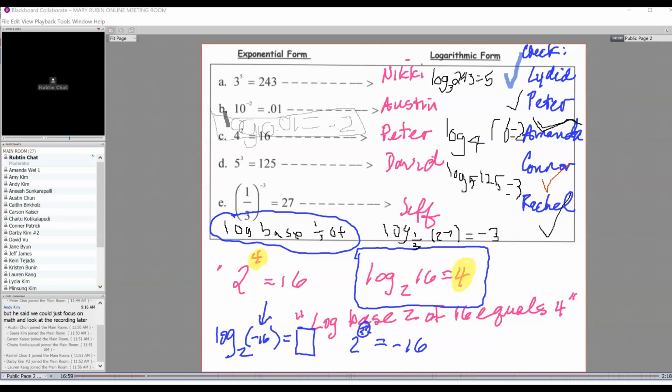Another restriction is that this number is not negative, so it's positive, and it's not equal to 1. My question to you is, it's positive, so you saw that right here. Why could it not be equal to 1?